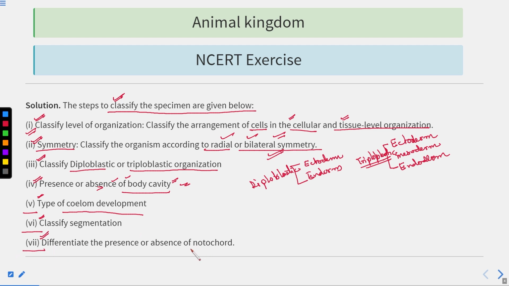If they do not have the notochord, then they are placed in the invertebrates, and when the notochord is present, then you put it in the chordates. So these are some of the very important features that you must follow to classify any organism. Suppose you got any organism, all these features you are going to see in that organism, and according to that you can put it into a particular phylum.